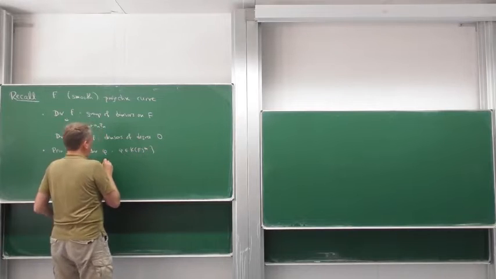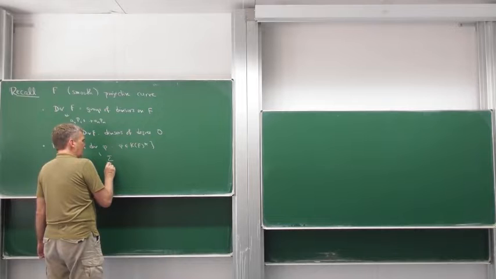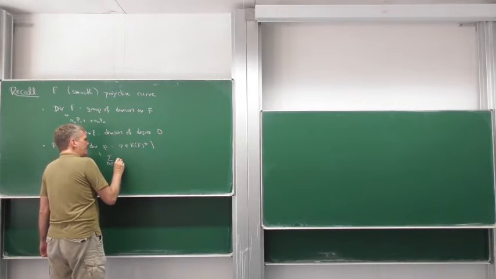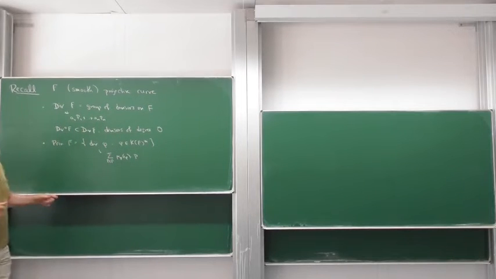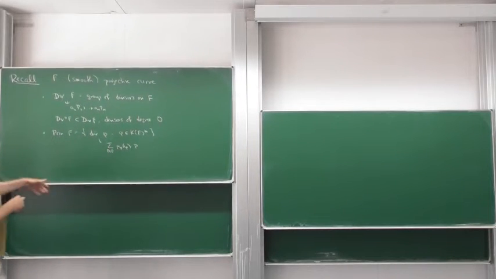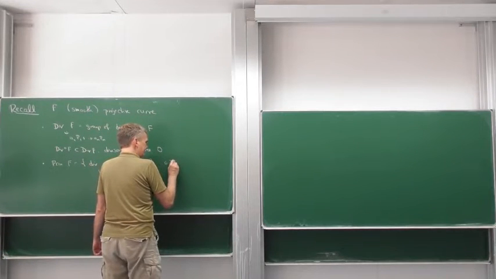And this div phi was defined to be the formal sum over all points on the curve, and each point occurs with its multiplicity in that function.